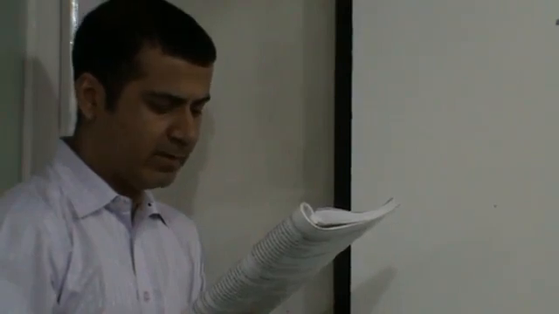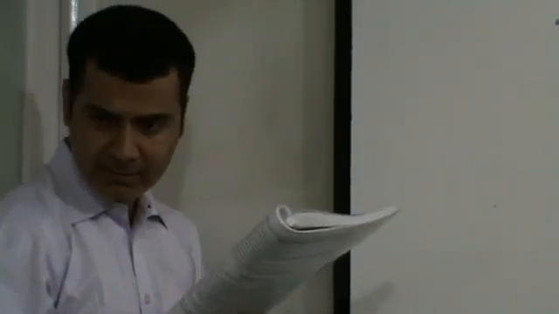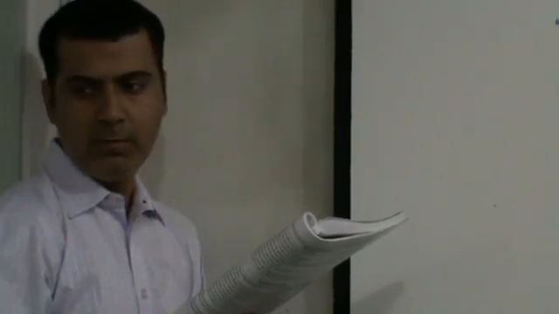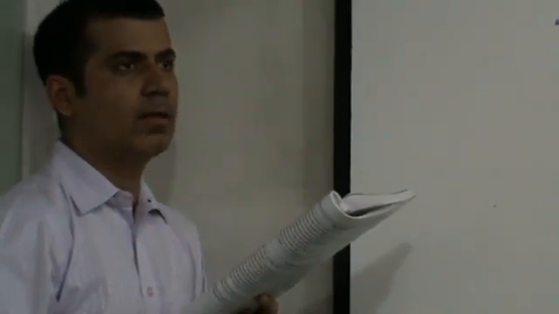A house has 60 watts 10 bulbs, 100 watts 4 fans, 40 watts 8 tube lights, and other appliances consuming 1500 watts.